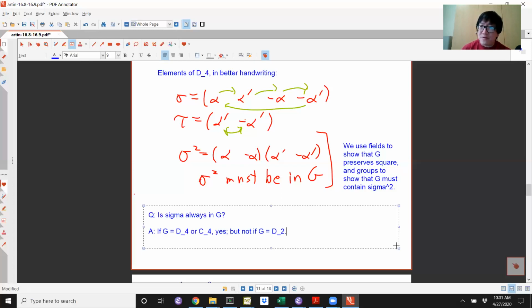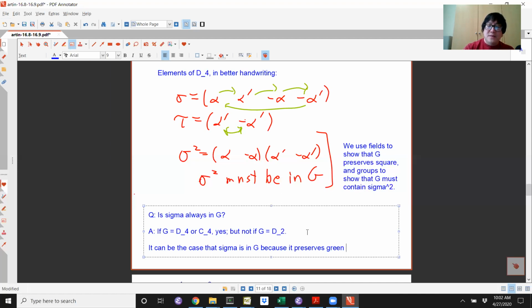Oh, so it seems like it's never in G because it doesn't preserve the green lines. It can be the case that sigma is in G because it preserves the green lines setwise, if just not individually.